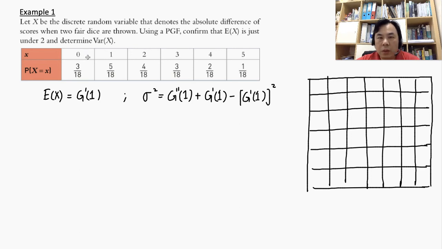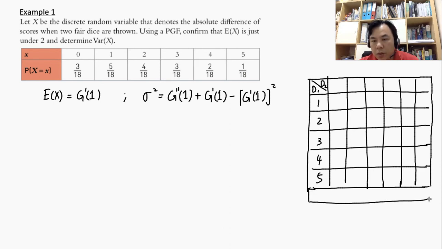Whenever you throw a die, most probably you get a 1 here. Take for instance, this is your first die, and this one will be your second die. For instance, you could get a 1, 2, 3, 4, 5. Oops, I missed out the last one here, so let me fill that up. So you could have a 6.